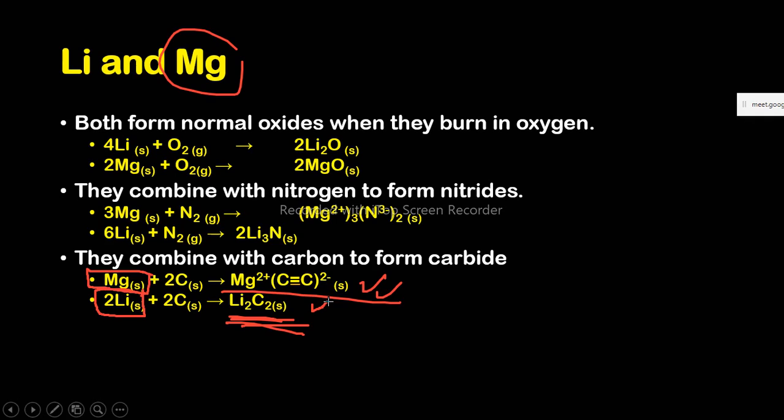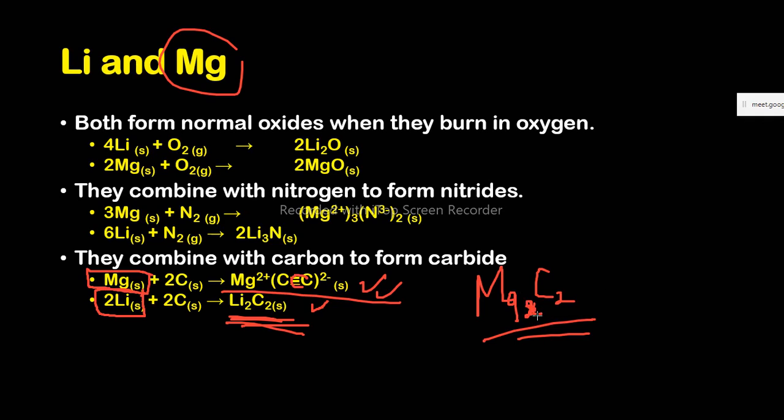And you need to know how to write these chemical reactions. Teacher, what if I don't want to write the ion of carbon like that? It is okay. Just write magnesium carbide. Okay? Just write this. For the ionic equation, it strictly should be like that, but nobody is going to ask you for the ionic equation.